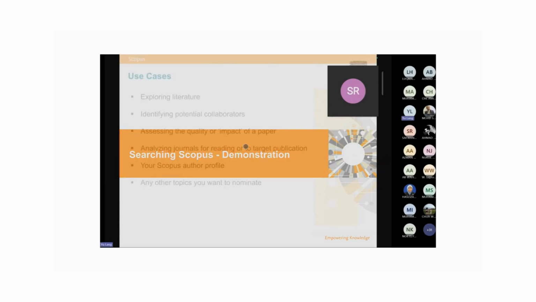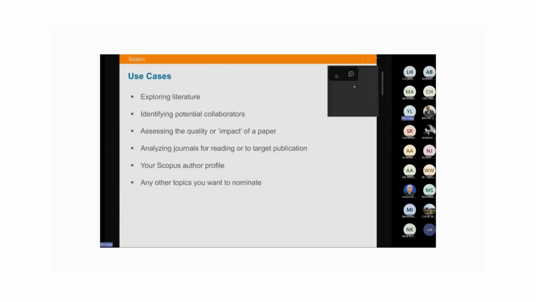If you are totally new to Scopus, you will get more idea of how Scopus can help you in your research. These are some of the use cases. You can use Scopus to explore or search the literature, identify potential collaborators, assess the quality or impact of a paper, and analyze journals for reading or to target publication.